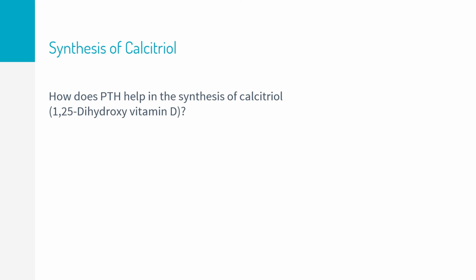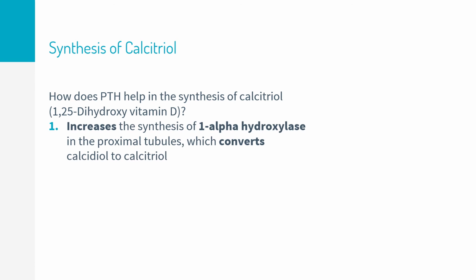Let's move into the indirect action of parathyroid hormone on the intestines. So how does PTH help in the synthesis of calcitriol, or the active form of vitamin D? Mainly through two mechanisms. We have an increase in the synthesis of 1-alpha hydroxylase in the proximal tubules.